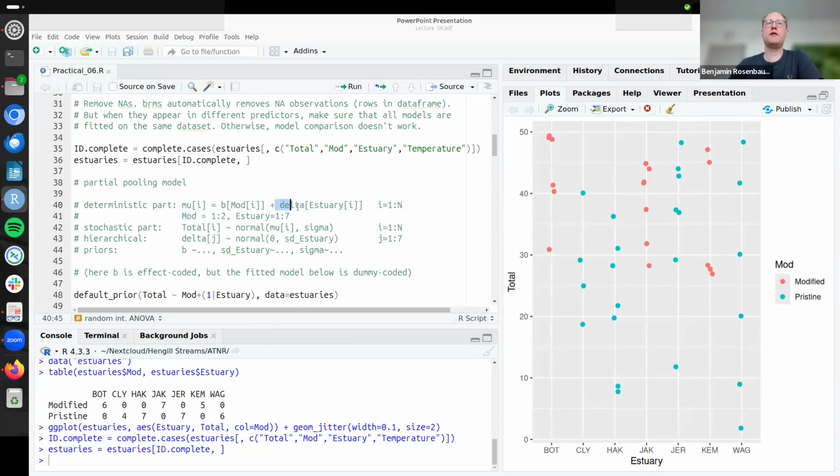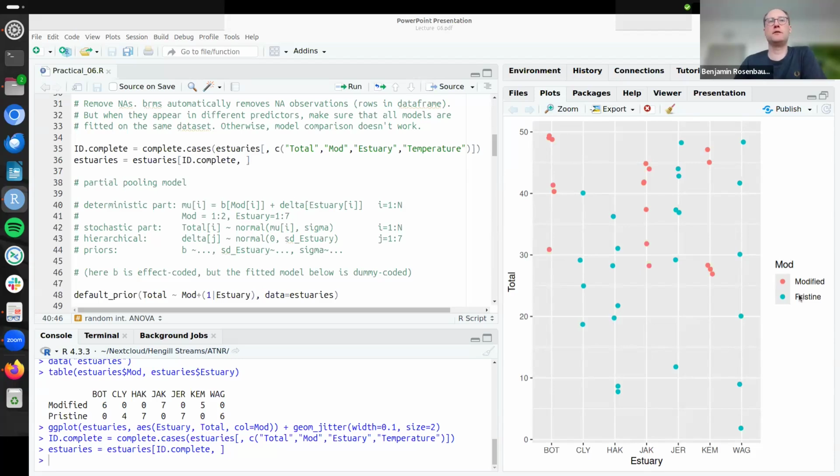But I will account for this difference in estuaries. So this delta, these random deviations, has 7 levels, and these are the notations of these levels down here. So actually there is some kind of nesting of models in estuaries in this either modified or not.